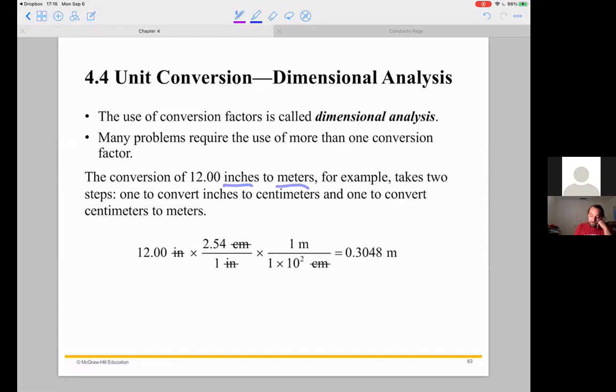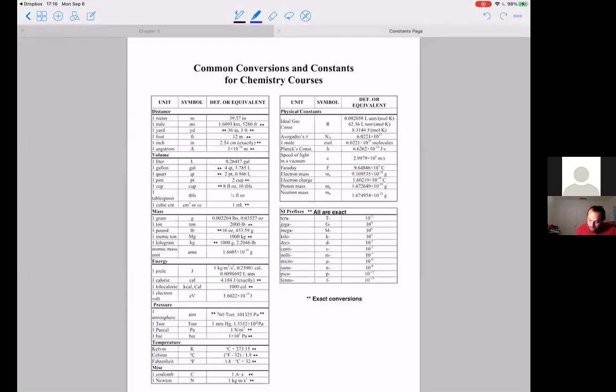Okay. The second step would be units. And again, the way that we set it up, inches would cancel, centimeters would cancel, and I'd be left with my meters, which is what I wanted. And then the last step is to do sig figs. The only trick being that you got to remember what quantities are exact and what aren't. Again, it's on the constants page.